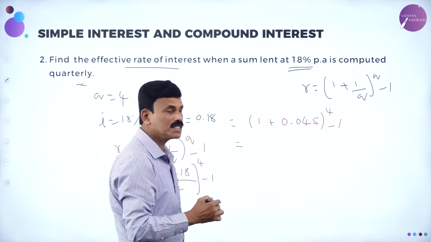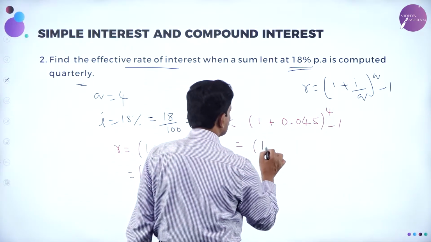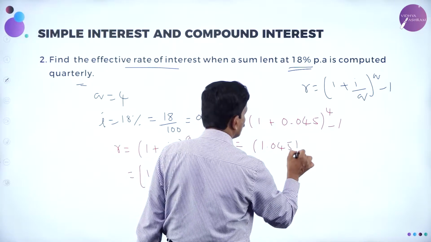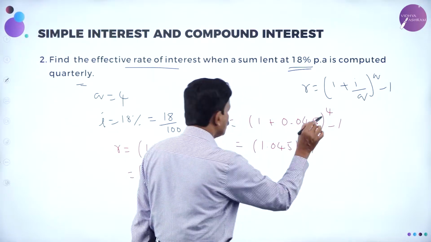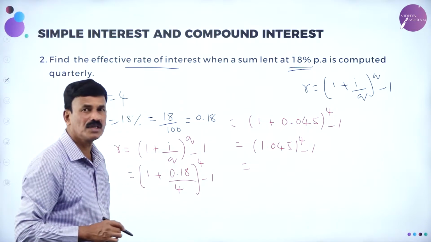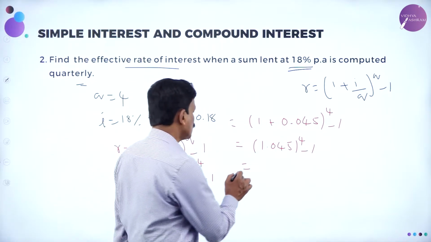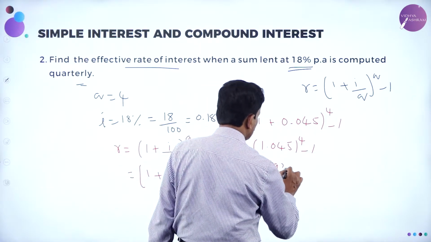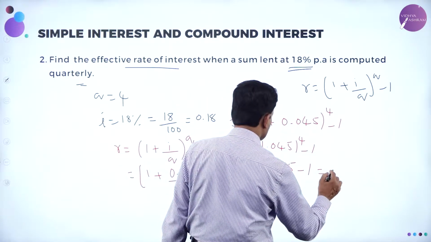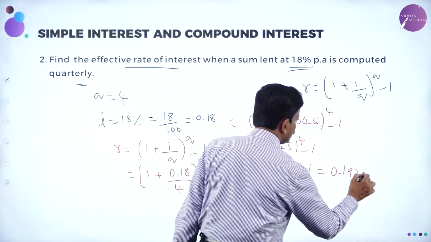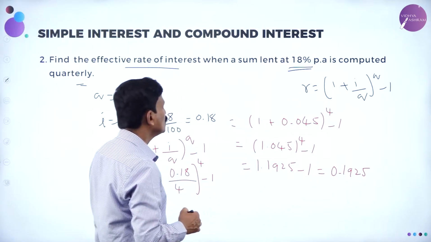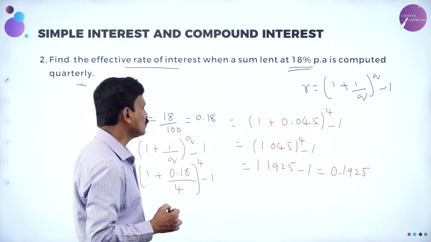Adding 1 plus 0.045 gives 1.045 whole raised to 4, minus 1. Multiplying 1.045 four times, we get 1.1925 minus 1, which is 0.1925. Therefore, R is equal to 0.1925.